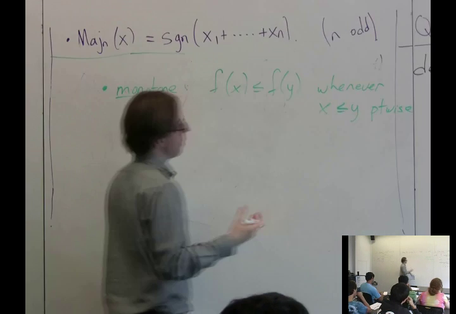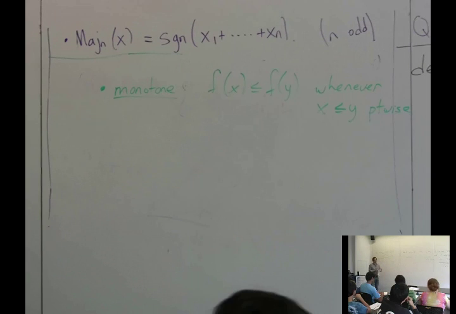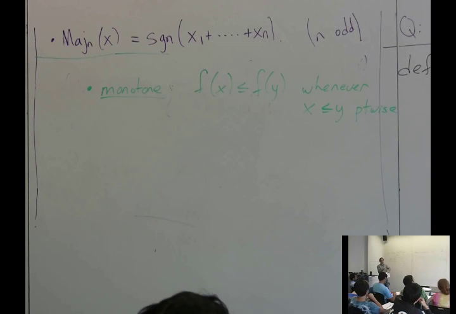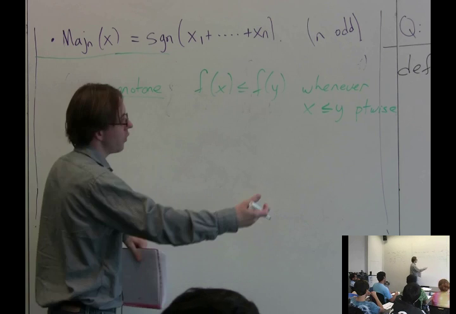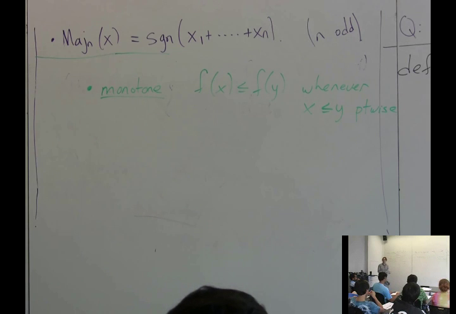Another way to think about it is if you take some votes, and let's say the outcome is plus, and then you change somebody's vote from minus to plus, it can never make the outcome go back to minus. So if you change somebody's vote, that can only cause the outcome to change in their favor, not the reverse. That's a natural property for a voting scheme to have.